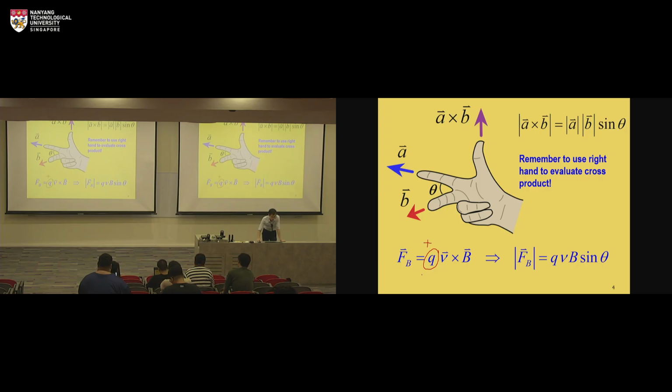So this can be positive, this can be negative. For this cross product, you use the right-hand rule. So this is how you determine the direction of the magnetic force. For the magnitude, of course, it's just like any vector product: it's going to be sine theta.